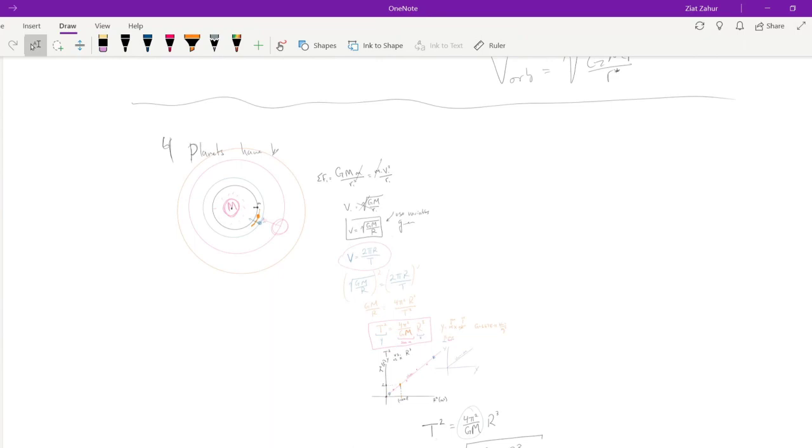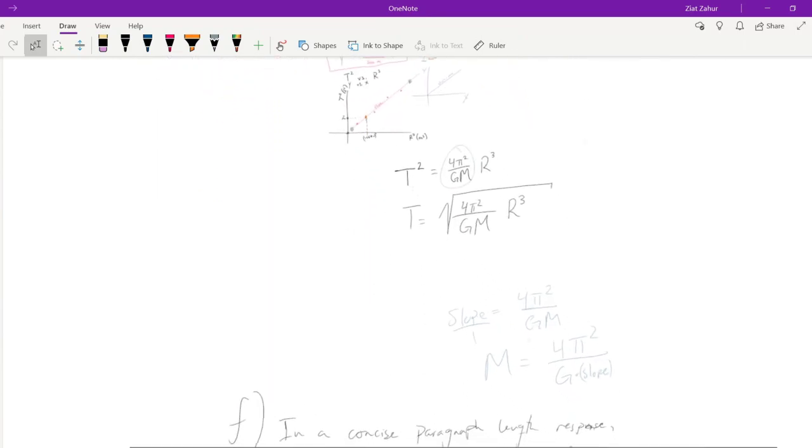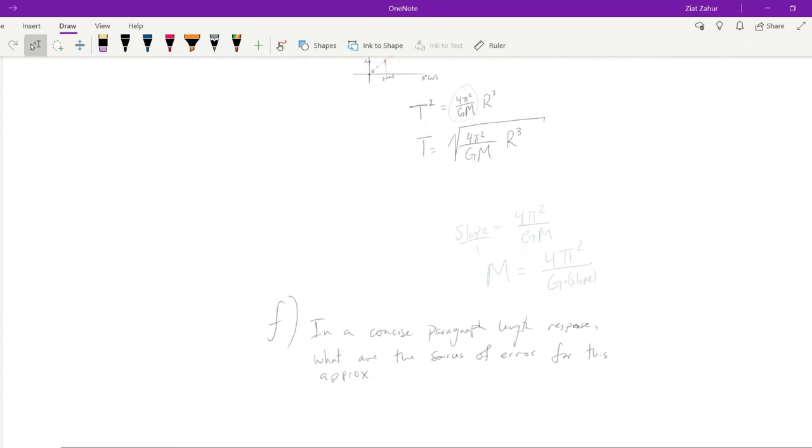And we used that data to essentially figure out what the mass of the star is. So now you have to think, what are the sources of error? Think about all the assumptions we had to make to get to this mass value. What are the limitations and what assumptions did we have to make? What are the sources of error for this approximation?